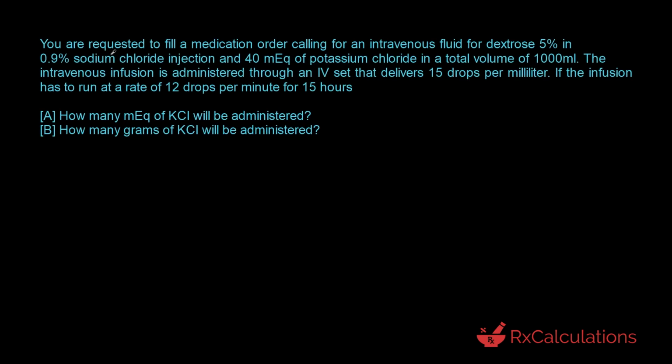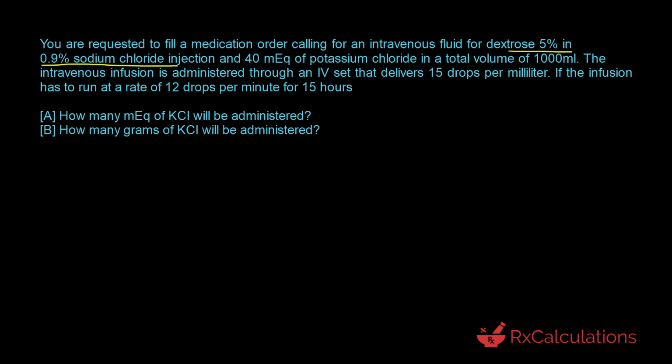So let's do a quick analysis of the question. In the question, you've been given a number of terms. The first one is dextrose 5% in 0.9% sodium chloride injection. So 0.9% sodium chloride is essentially normal saline. So in the normal saline LVP, or large volume parenteral, you also have some 5% of dextrose in there.